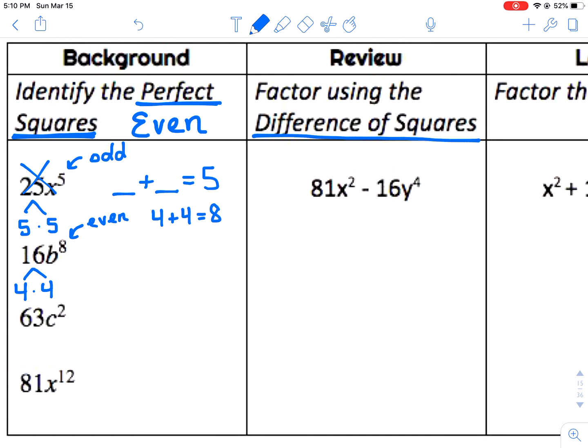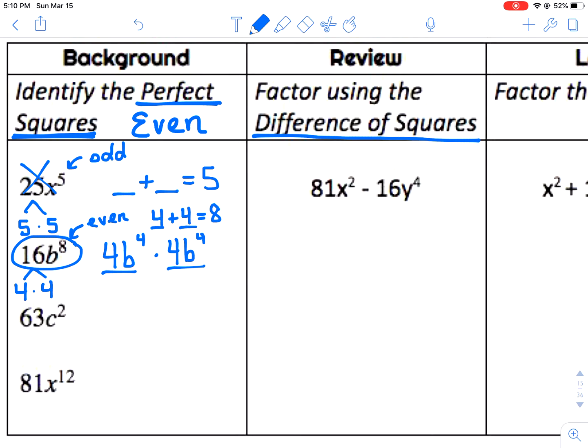So this can be split into 4b^4 times 4b^4. Remember, the definition of a square is that it's the same thing multiplying itself, basically. So this one is a perfect square.